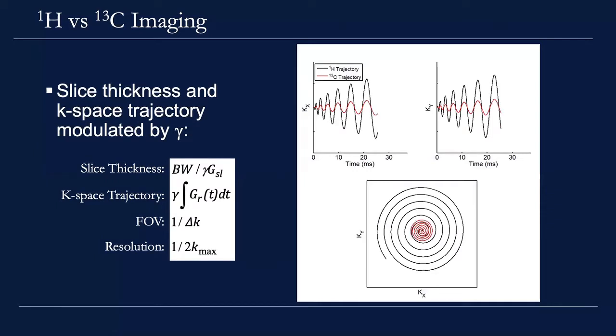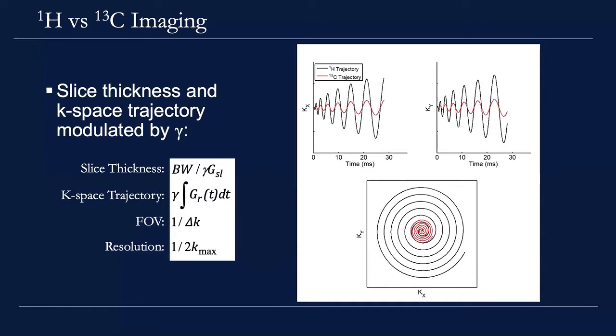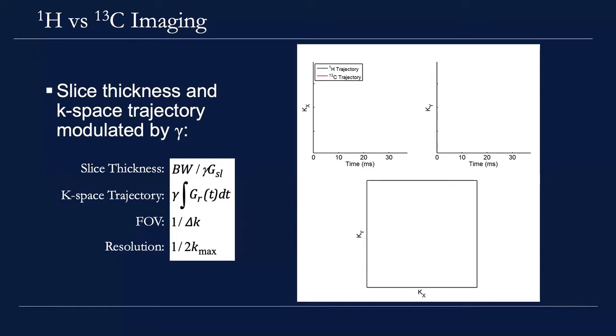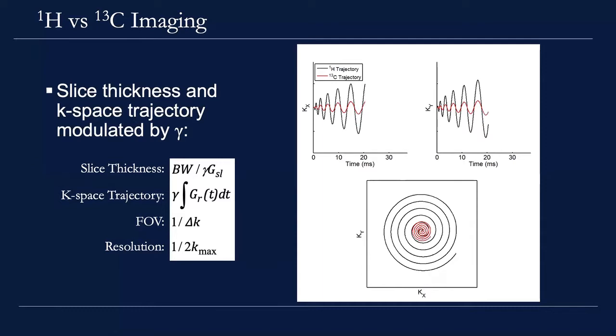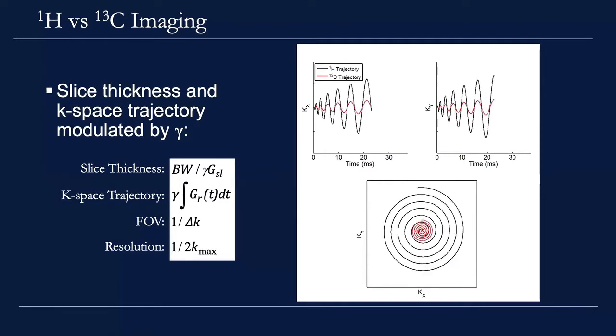So because we have this 4-fold difference, how will it impact our resolution? If we play this exact same waveform on proton and we have, let's say, a 1 millimeter thick slice, what will that corresponding slice be for carbon? A fourth of a millimeter?